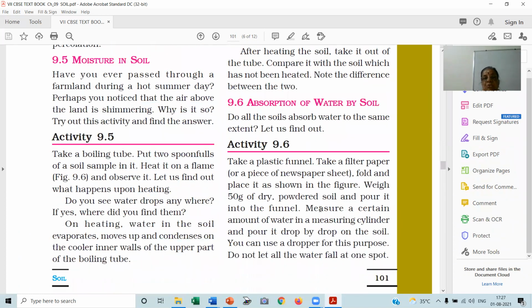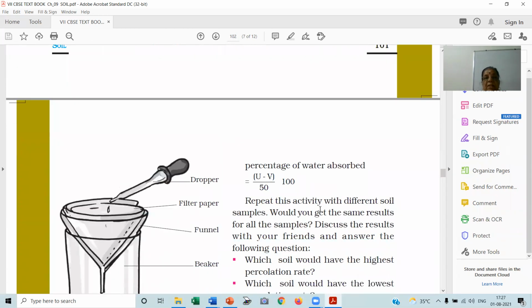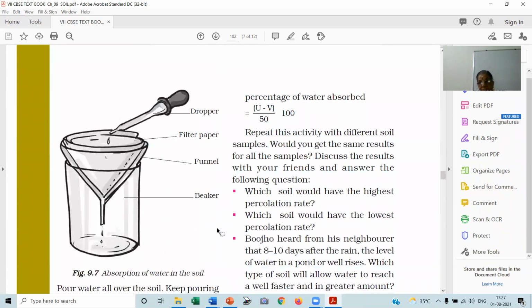Next, absorption of water by soil. For that, in the experiment we take a beaker and a funnel. Fold a filter paper into a cone shape and place it inside the funnel, and then put in a handful of soil, and then add water drop by drop using a dropper.